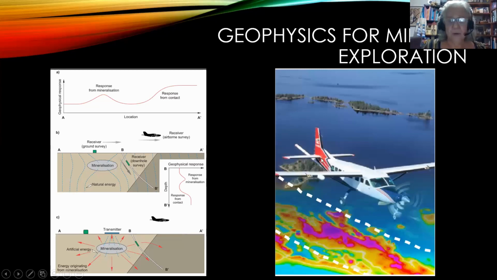So if we look at an airborne survey, for instance, it goes over the surface, usually following the terrain when it's possible, which is better. And the response, when it flies over mineralization, will show in the profile.